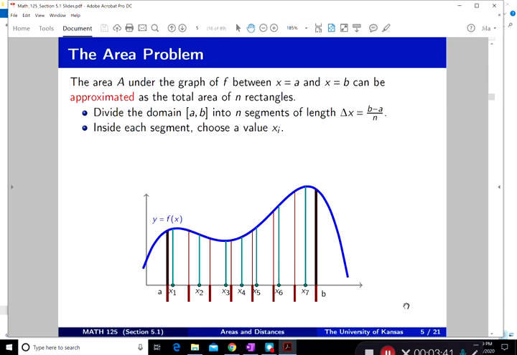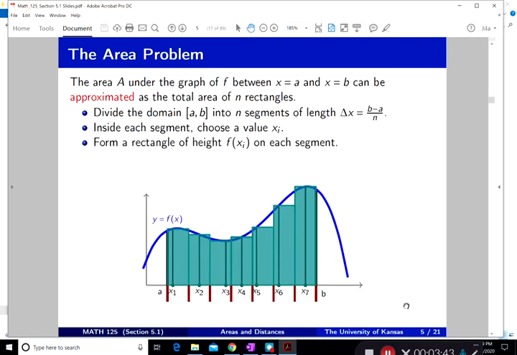So the rectangles are going to be sitting on the function, and in this way we divide the line segment a to b into pieces, and we build rectangles above it. The rectangles all together add up to a good estimation of the area under the graph of the function.